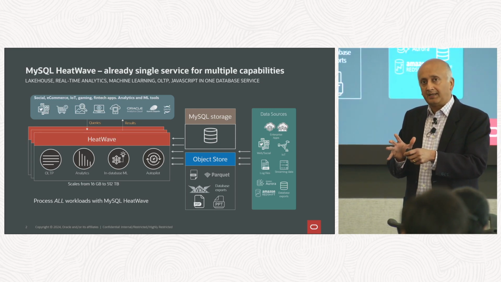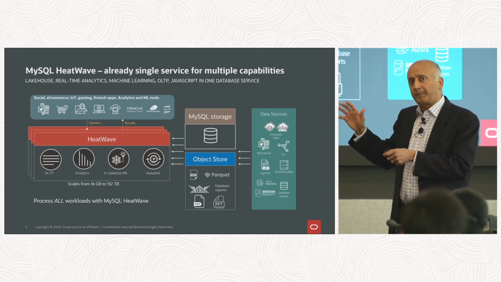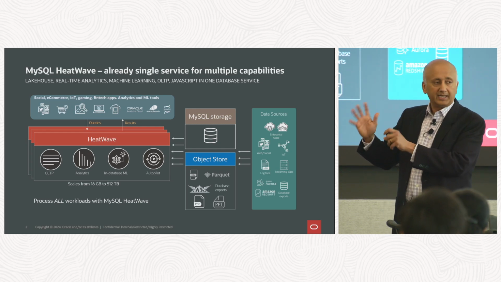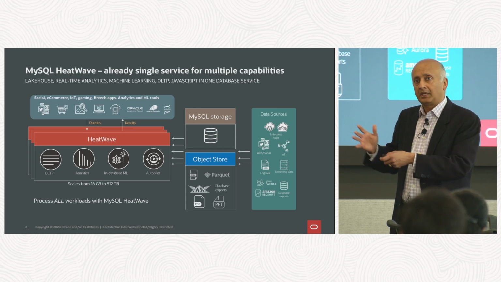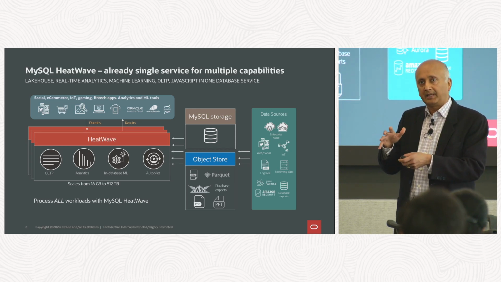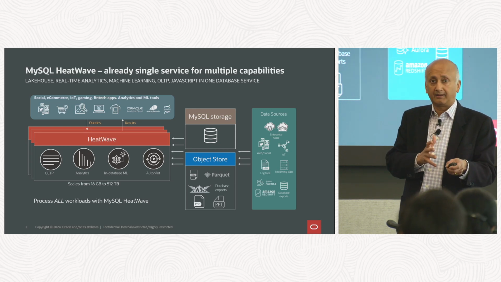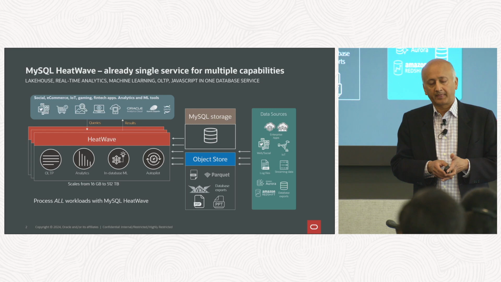And once they do that, they can process this data with HeatWave. They can move this data with a variety of mechanisms. Sure, you can do it one-off like an export, but very often people use things like the GoldenGate service so that the data is continuously replicated from their transaction stores to the object store, on which they can run machine learning, analytics, and other things.